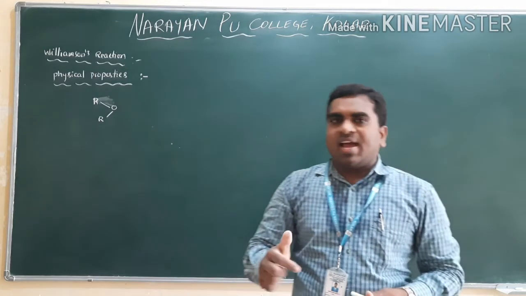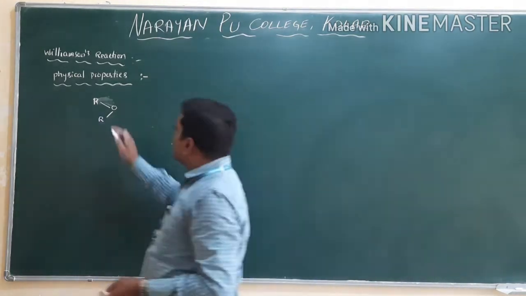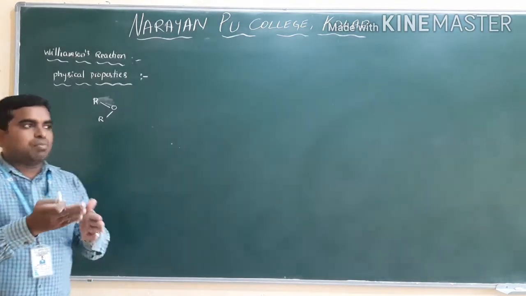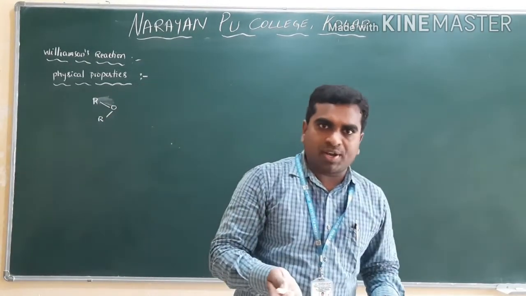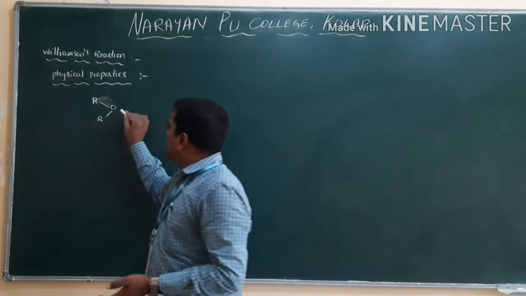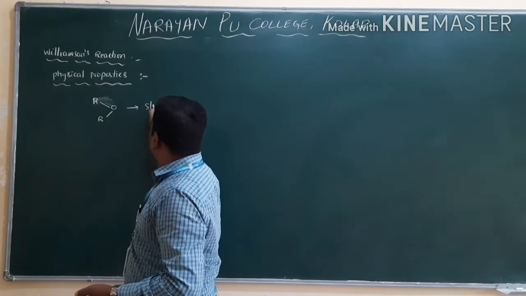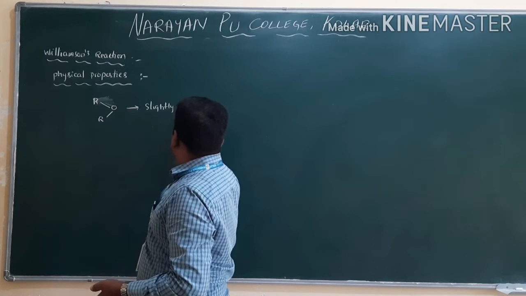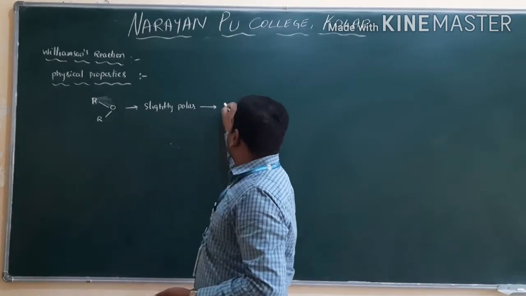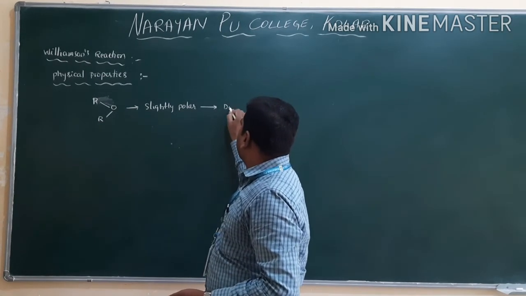Clear? And if any molecule is polar, the polarity is measured by dipole moment. So that's why the ether molecule is slightly polar, and it will have some dipole moment.